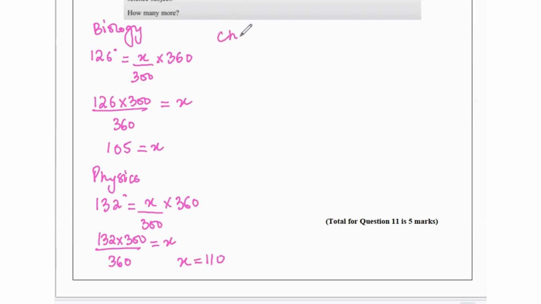So chemistry will be 300 minus 105 minus 110, which equals 85. So biology has 105 students, physics has 110 students, and chemistry has 85 students. This is for year 10.